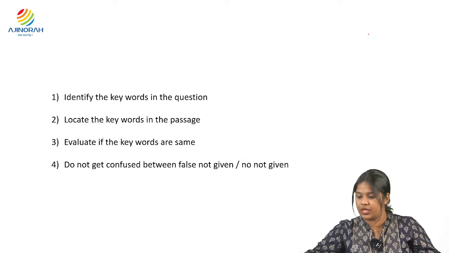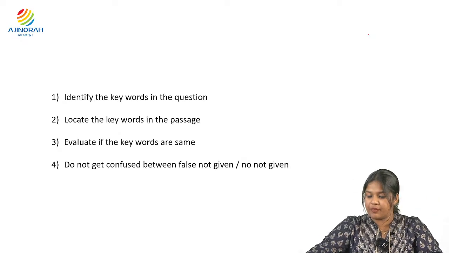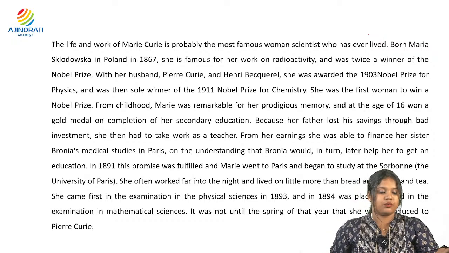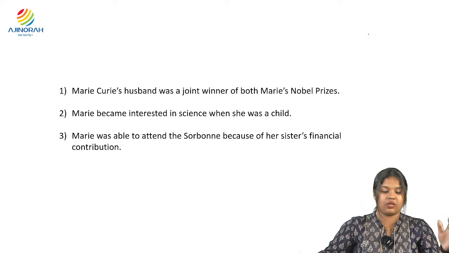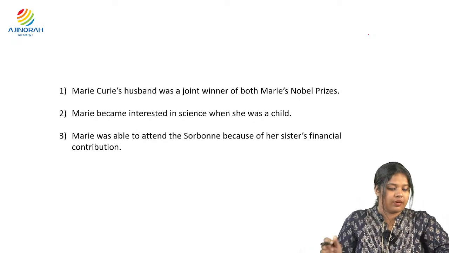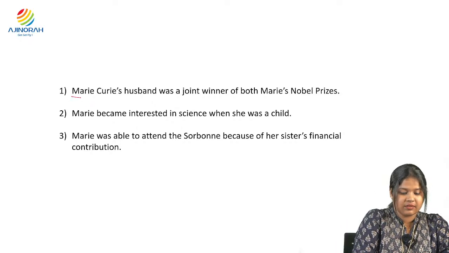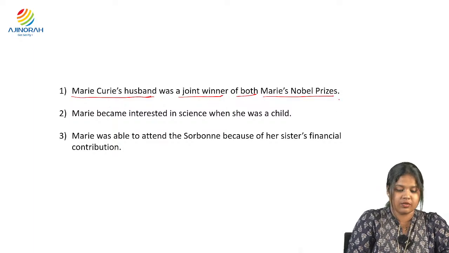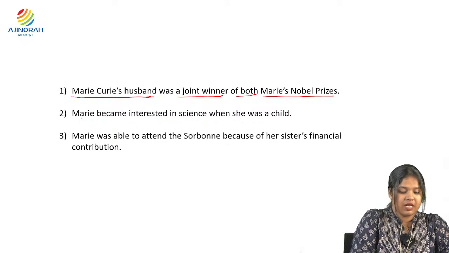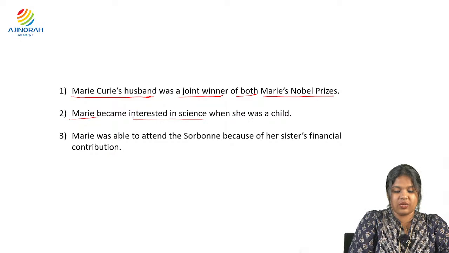So we'll move on to the exercise for this type of question. This is the passage and these are our questions. We'll look into the questions first. Marie Curie's husband is one keyword. Joint winner of both Marie Curie's Nobel Prizes. These are the keywords that we are going to look for in the passage. Then comes: Marie became interested in science when she was a child.